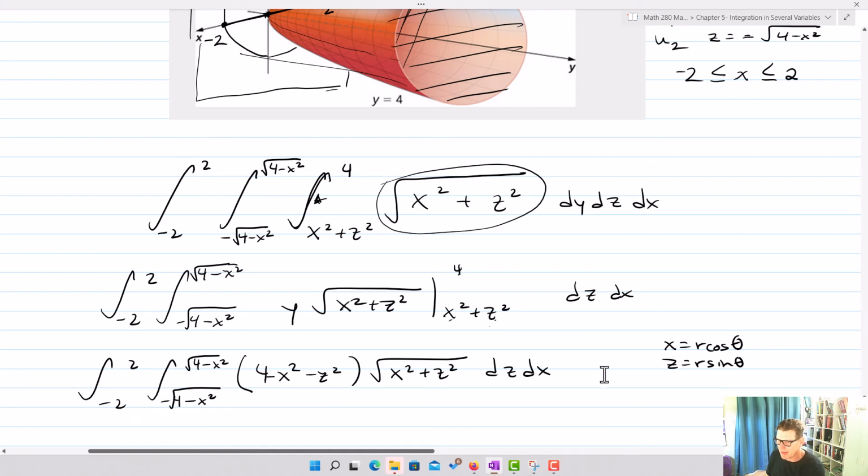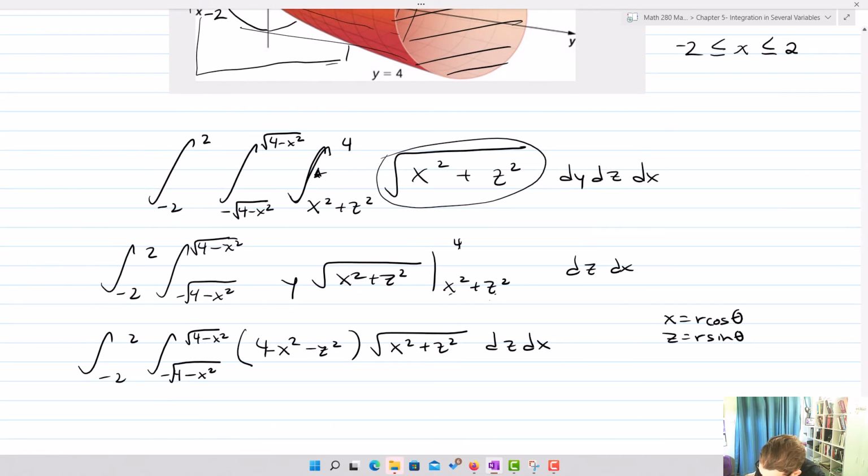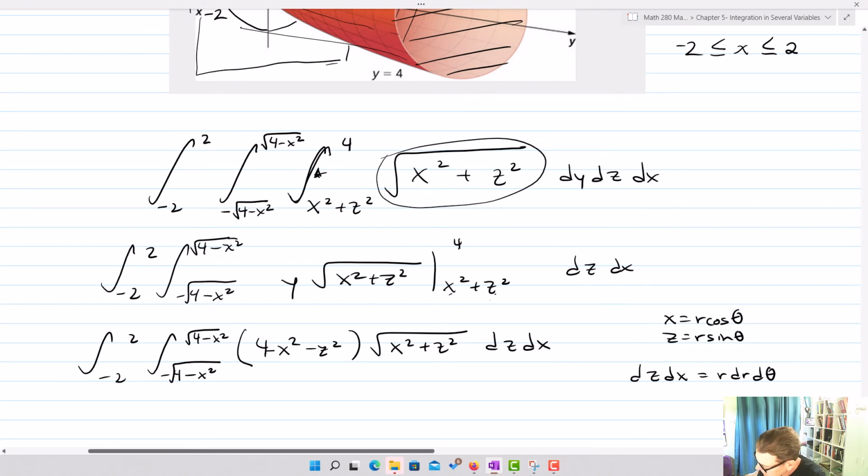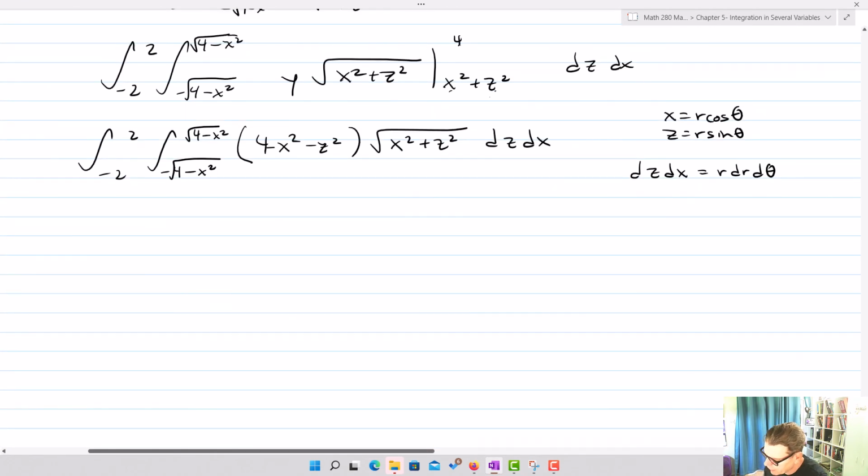So we can make this substitution. And remember, because we're doing a double integral, dz dx is going to end up equaling r dr d theta. We're going to do that for a very good reason, because it's going to make the integration a lot simpler for us.